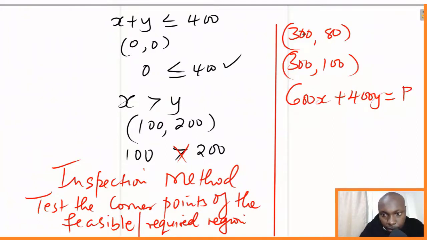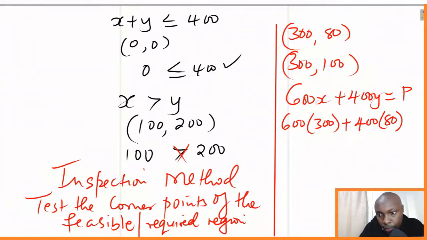So we can substitute. The first one is when x is 300, you get 600 multiplied by 300 plus 400 multiplied by 80. So what do you get for that? Very fast, using the calculator. Just work out that one using a calculator and get the solution. So let me multiply these and see.